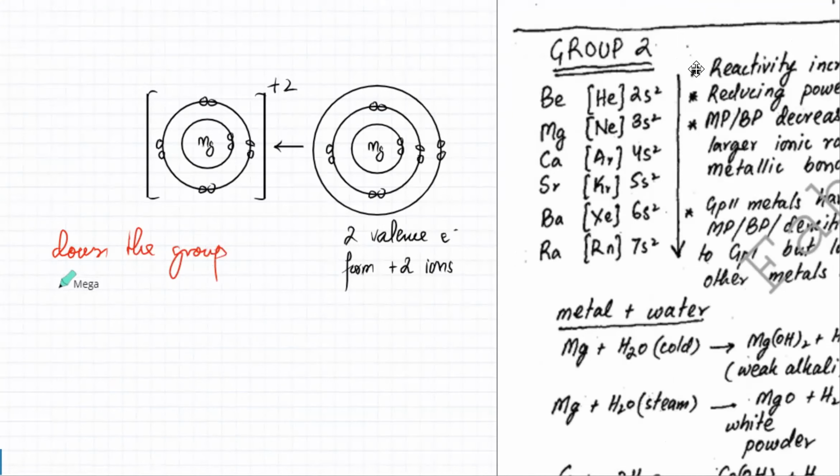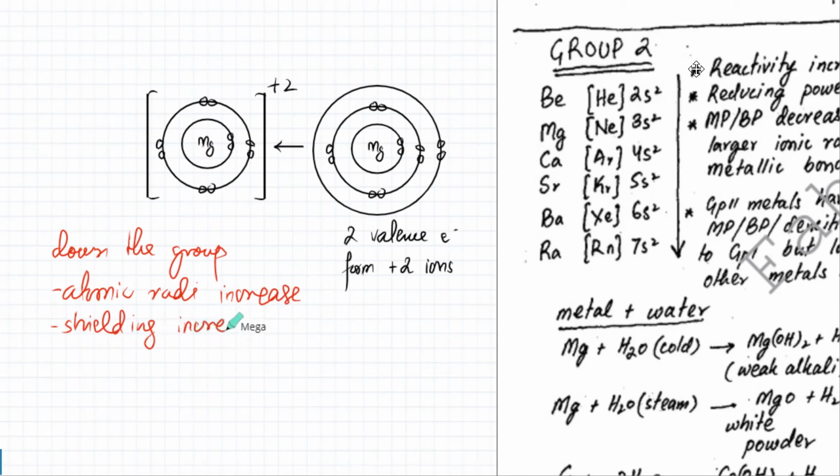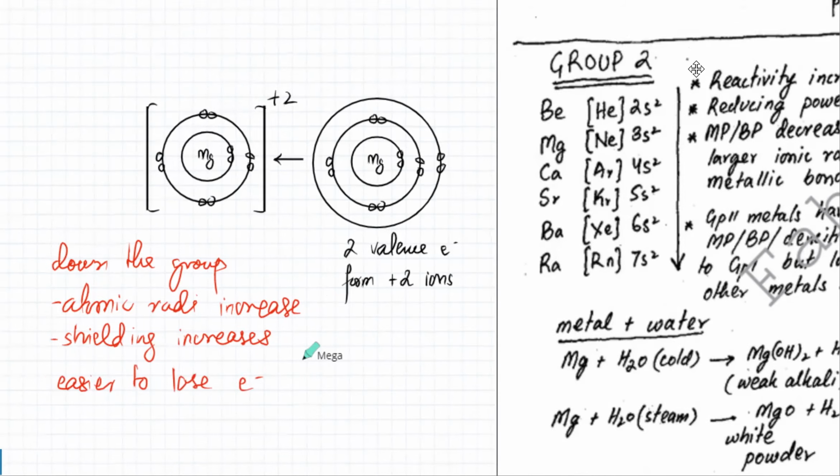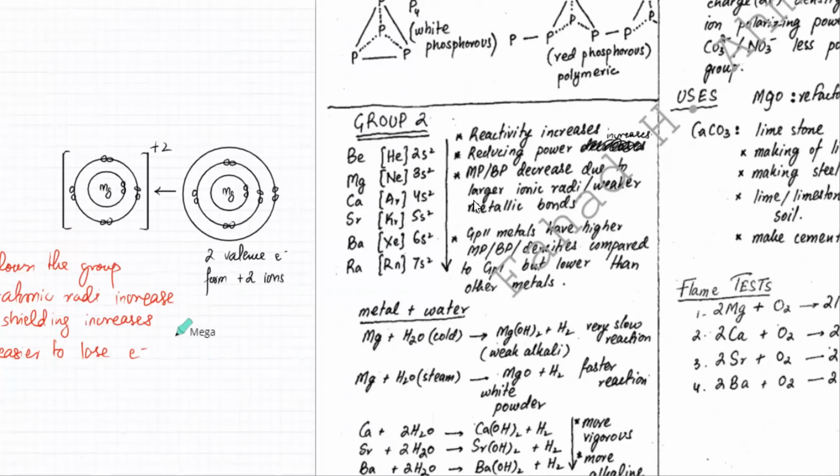So atomic radius increases, and shielding increases when you go down the group. So it's easier for them to lose electrons. So the reactivity down the group is going to increase. That's one thing.